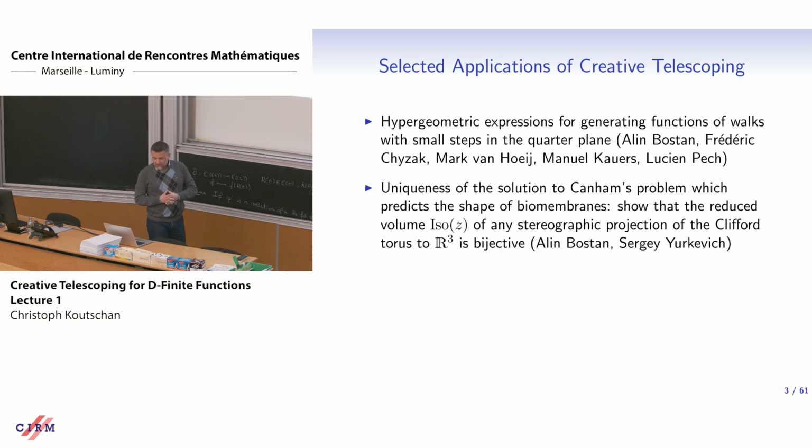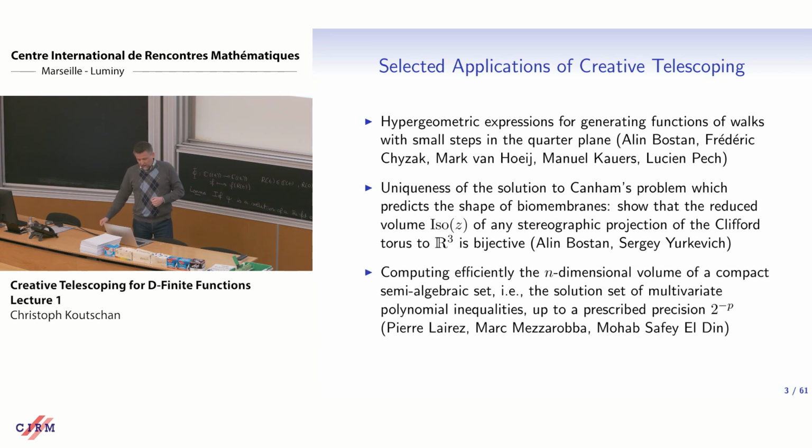Together with Alin Bostan, Sergey Yurkevich has recent work on the so-called Canham's problem, which predicts the shape of biomembranes. And this result also heavily depended on a creative telescoping proof.